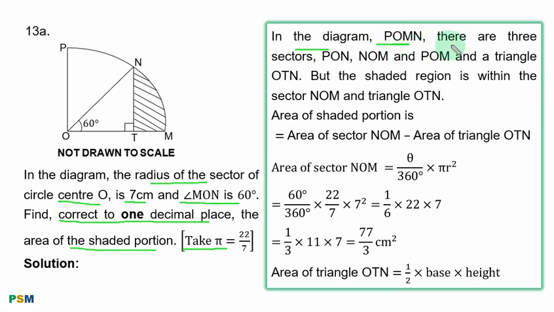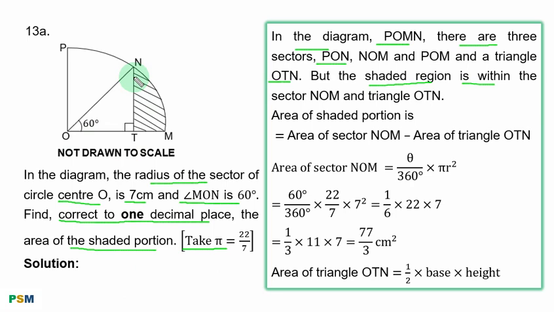POMN, there are 3 sectors: PON, NOM, POM, and a triangle OTN. But the shaded region is within the sector NOM and triangle OTN.